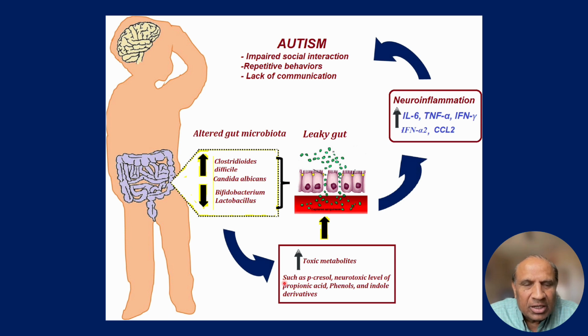Along with their toxic metabolites, will cause translocation of this microbiota into the intestine, and which will lead to cytokine release, which may include IL-6, TNF alpha, IFN alpha, CCL2, which may cause neurologic inflammation and may be associated with autism. This is just a proposed theory, not actually proven.